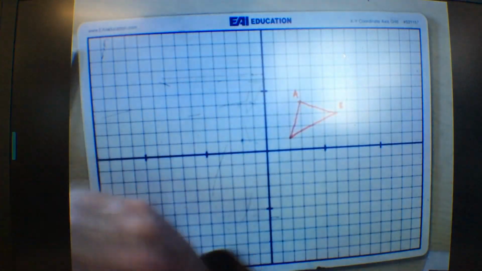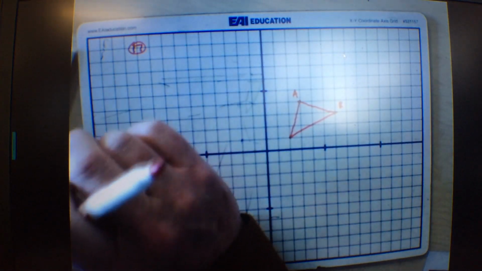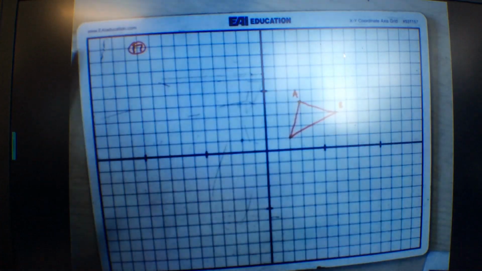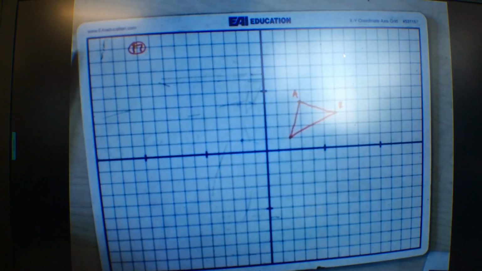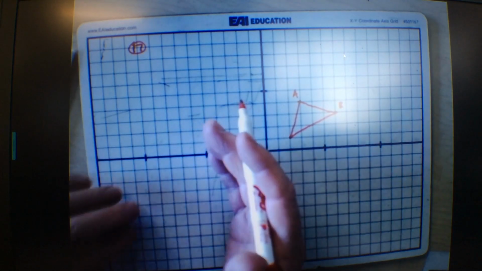this is number 17. Okay, number 17. So what do you gotta have in order to have a glide reflection? You gotta have a vector, and what else? Okay, and then we have to have something reflected over, right?